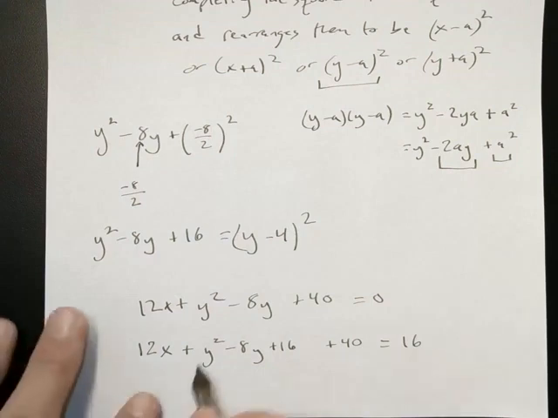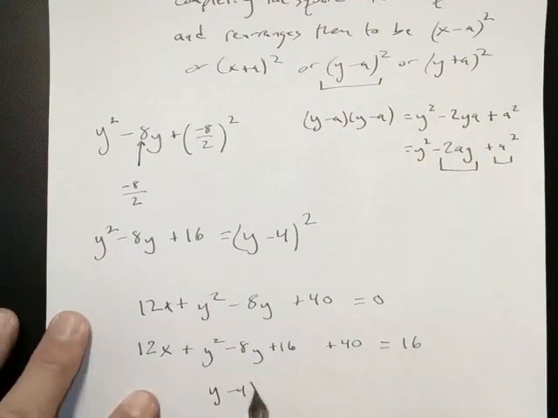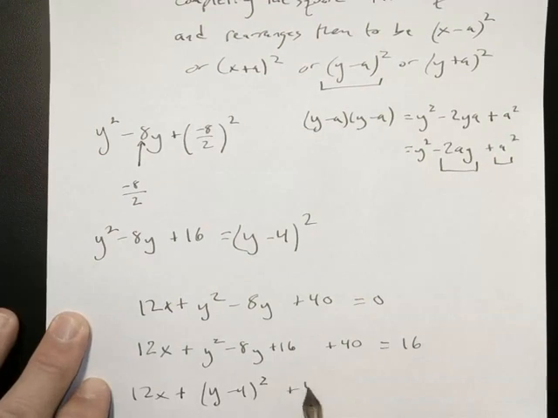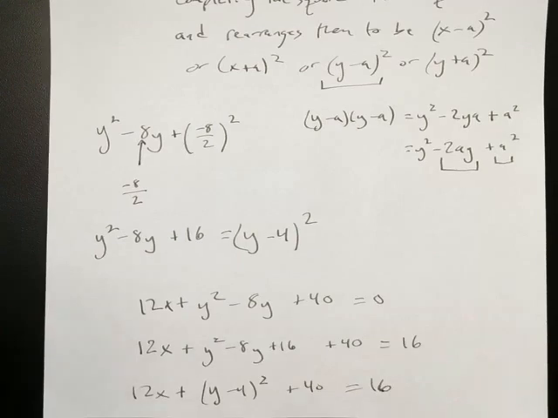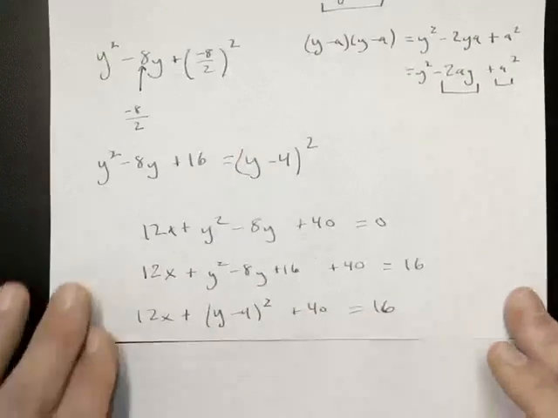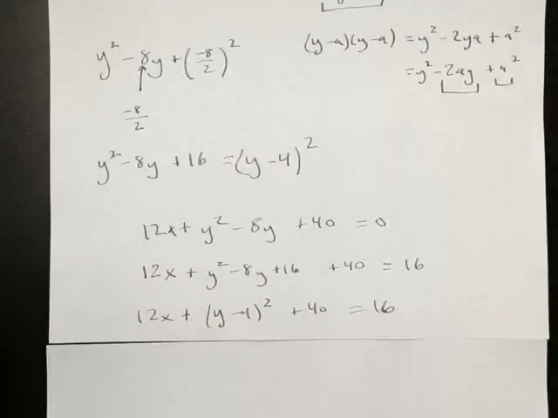But then this becomes the square. And remember, in the equations for my parabolas, the square term is alone.